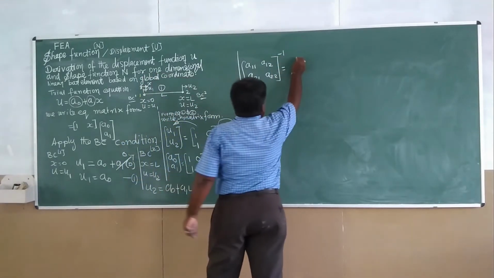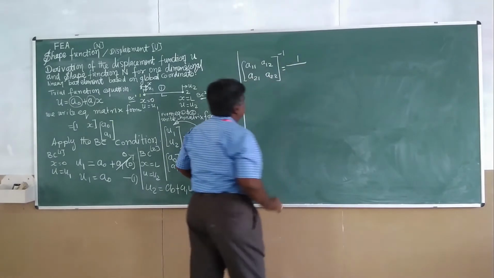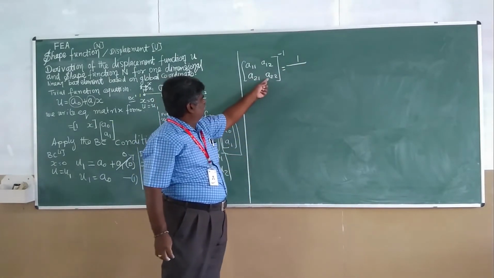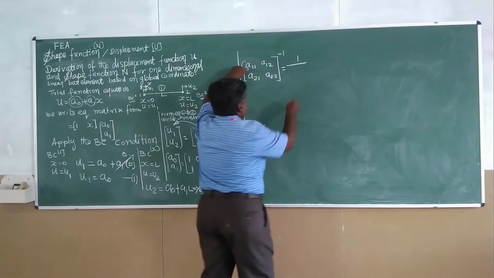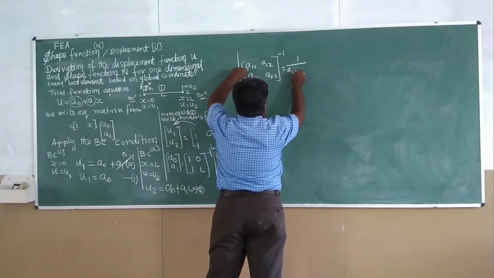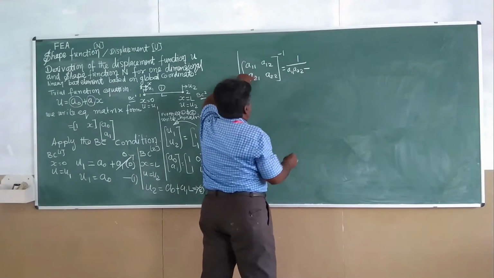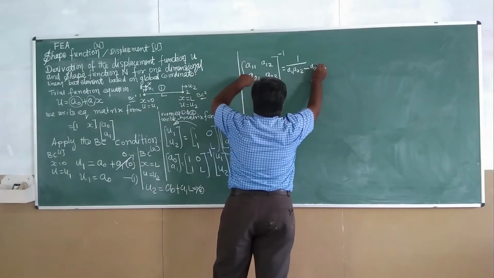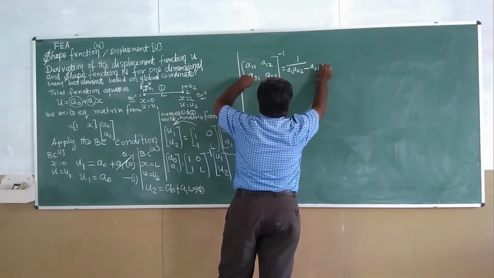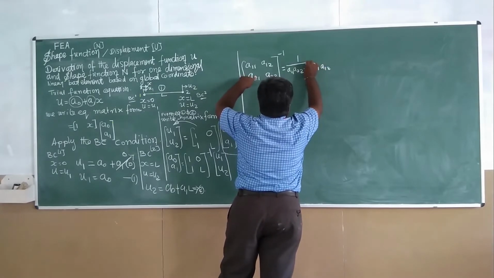It is 1 divided by the determinant of the matrix, times the cross multiplication: a11 a22 minus a21 a12.